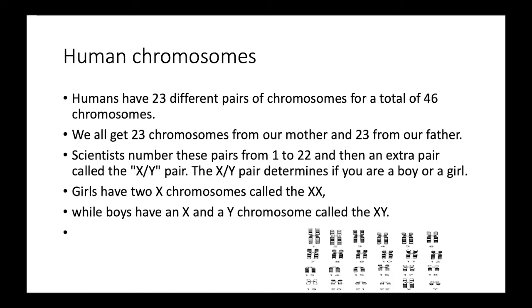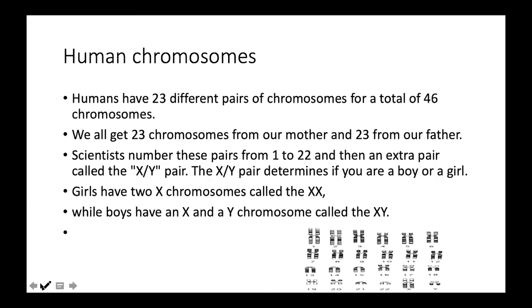We get 23 chromosomes from our mother because the reproductive cell or the egg cell contains 23 chromosomes. And also we get 23 chromosomes from our father because the sperm cell has 23 chromosomes too.